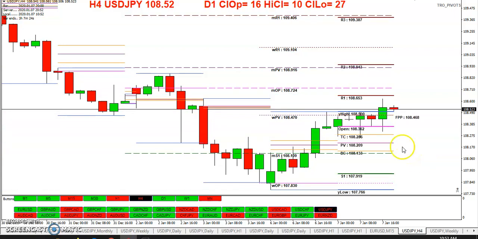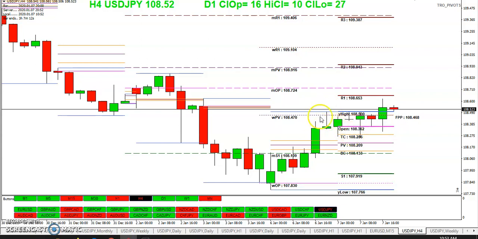On the dollar yen, if you remember, I called the weekly pivot earlier on the first day of the week. It said look for price to hit that 108.47, and as you can see, it took it out towards the end of the day. Actually, it was in the New York session yesterday.